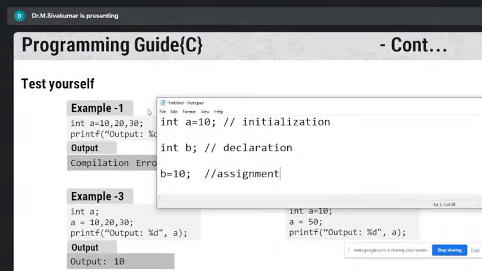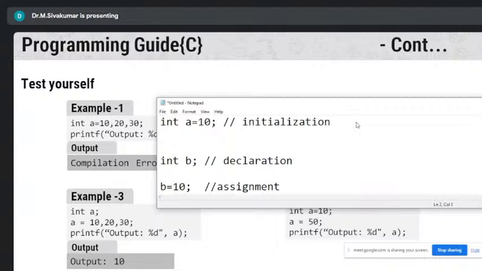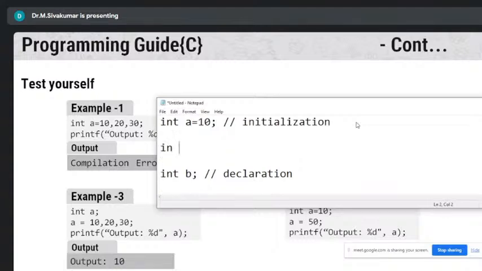Here there are certain unwritten rules, which means nothing is framed as a rule, but there are things where the compiler will not accept the value. Let me make it clear. If I'm having another statement like int a is equal to 10, 20, 30, this is a placement question asked in one particular year in a company.